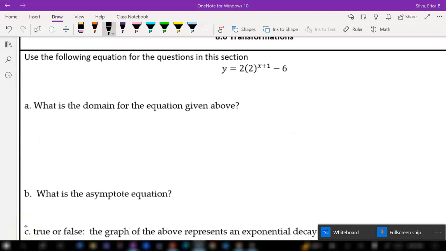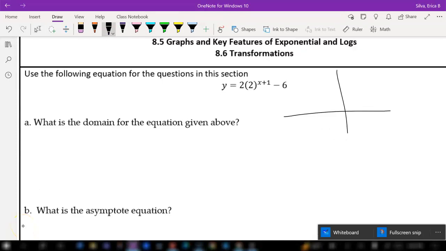All right, for this next part, we have an exponential equation. My parent function typically looks like this. From here, we can say that our domain, regardless if it's moving up or down, left or right, is going to be negative infinity to positive infinity.